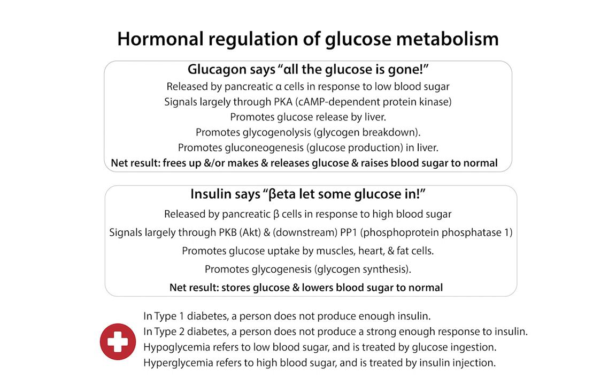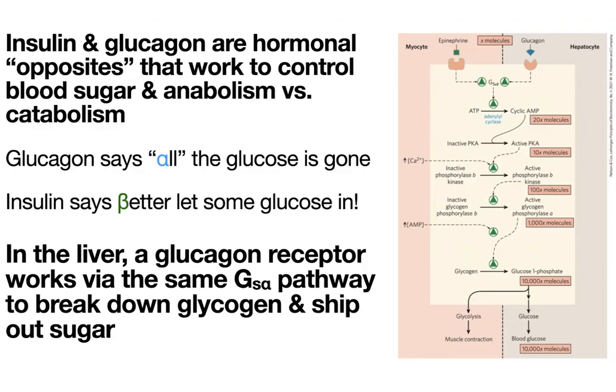And so one of the signals that's going to tell them to do that glycogenolysis, that breakdown of glycogen, is going to be glucagon, but another signal is also going to be your epinephrine, or remember, that's the other word for adrenaline. Both adrenaline and glucagon are able to act through the same signaling pathway involving the production of cyclic AMP, the activation of PKA, and then ultimately the breakdown of glycogen.